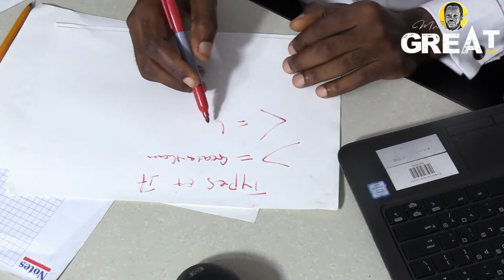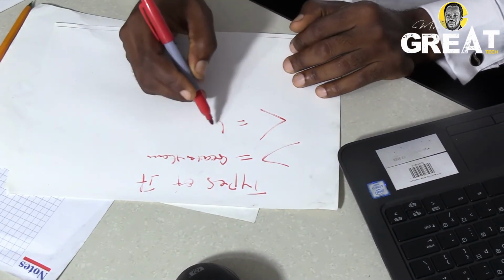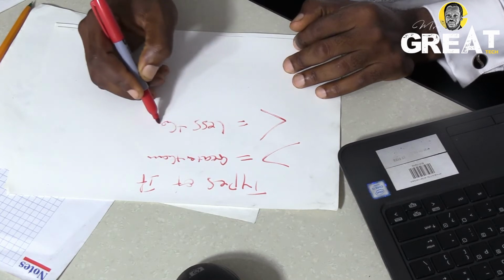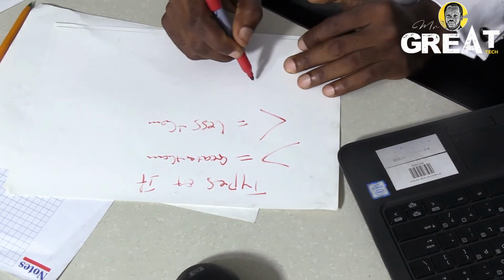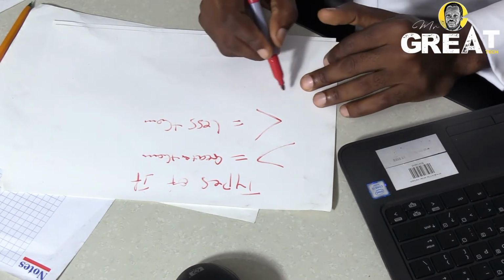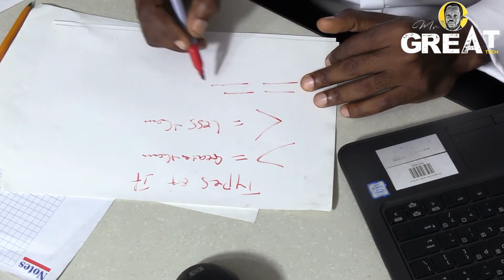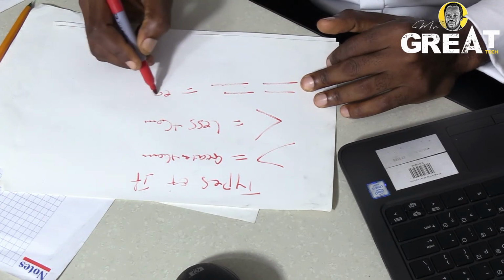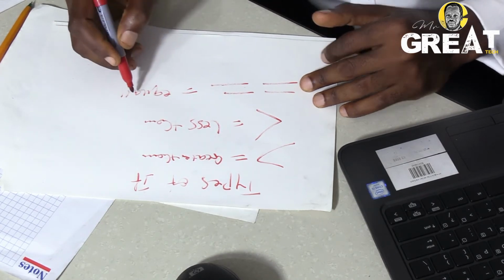Now you have another one. You have equal to, which is this, equal to.